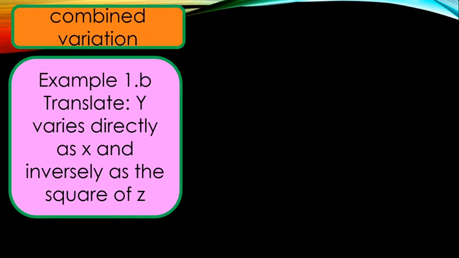Another example, Y varies directly as X and inversely as the square of Z. You have to note this word, square of Z, meaning you are going to put square into Z here before you divide.